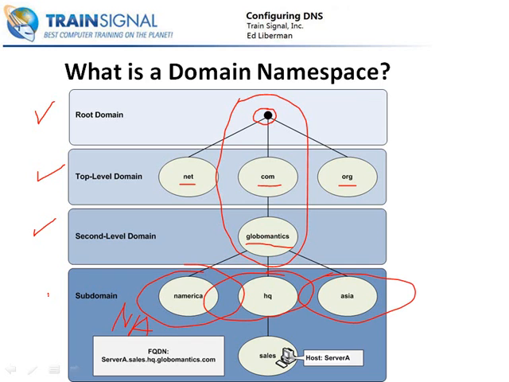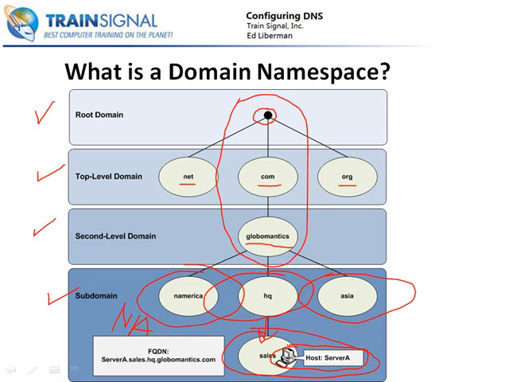And when it comes to the subdomains here, there really is no absolute limit. You don't want to go too deep, but you could go another subdomain deep, which we've done here in going to the sales domain. And inside of that sales domain is where we have a specific host named Server A.